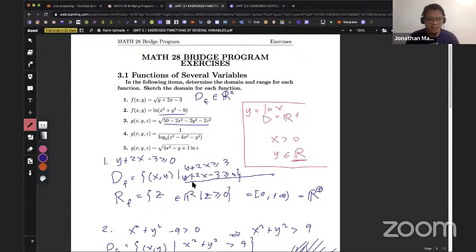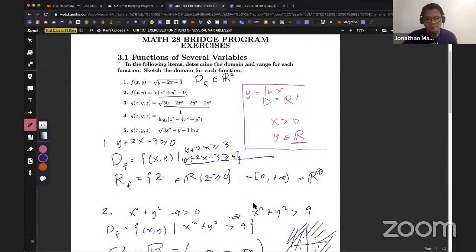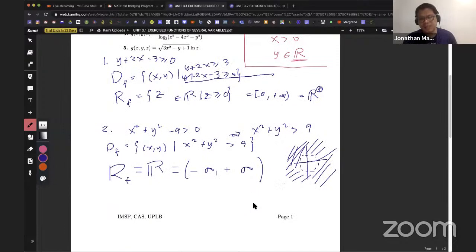For the sketch of the domain, titingnan nyo lang yung kinoconsider na equation in defining the domain of the function.